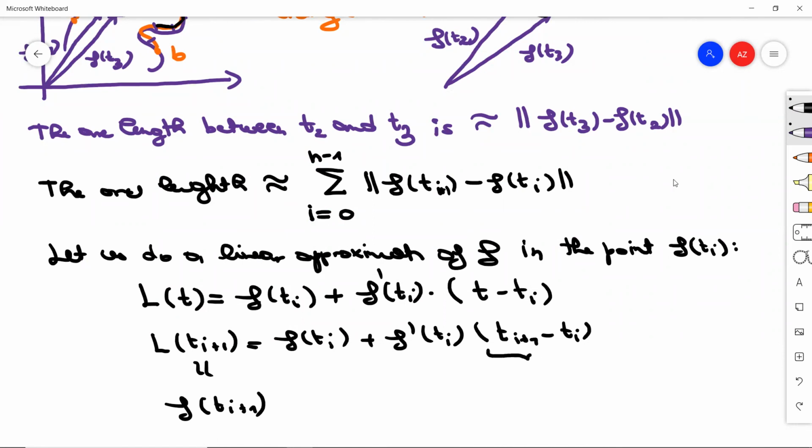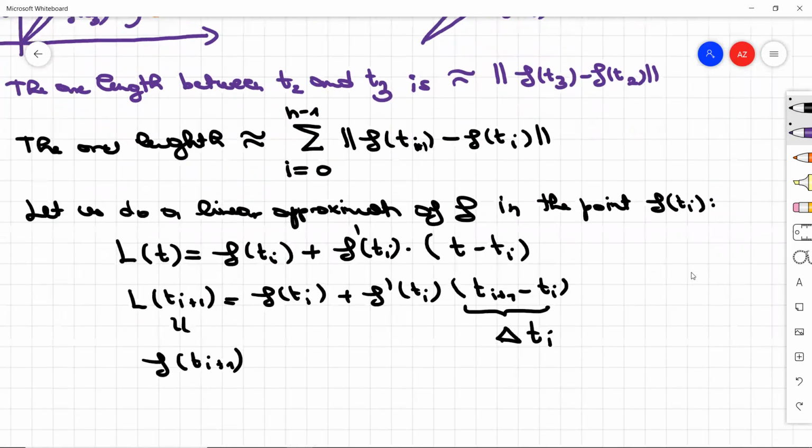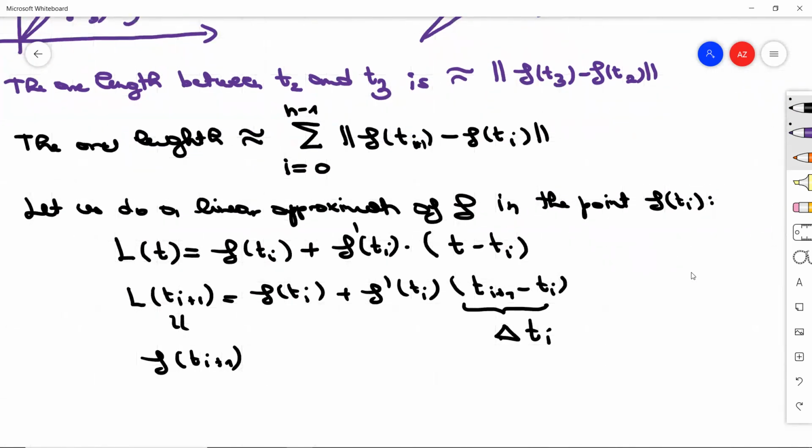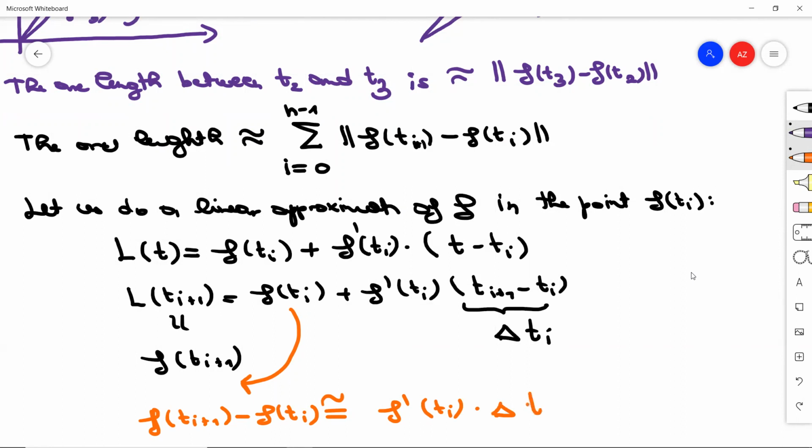Let's write this difference between t_{i+1} and t_i as the i-th difference between the t's. So putting this on the left-hand side, we get that f of t_{i+1} minus f of t_i is approximately f derivative of t_i times this difference between consecutive t's.